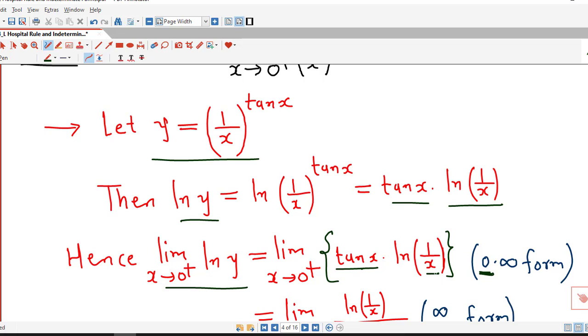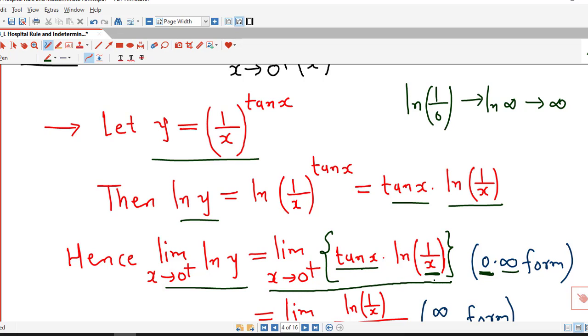And if we take x equal to 0 here, we have log infinity, because log of 1 by 0 is infinity, and log infinity is also infinity. So this indeterminate form is 0 into infinity form. So we try to write it as infinity by infinity or 0 by 0 form.